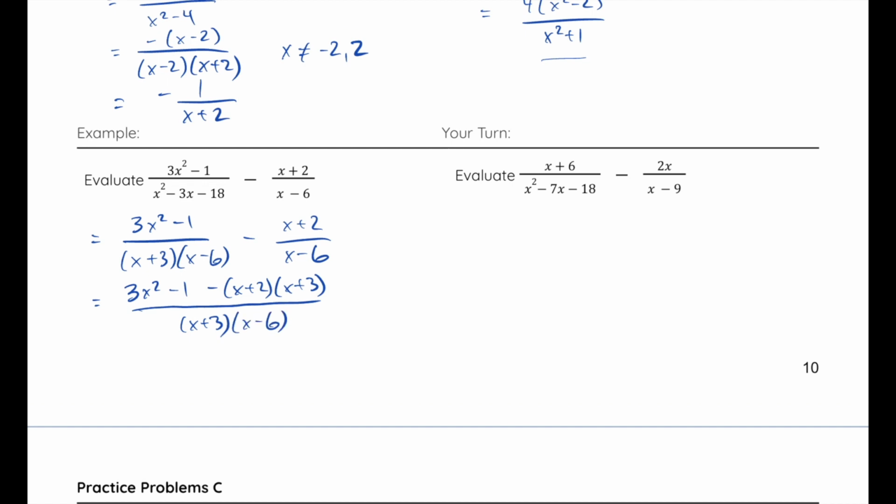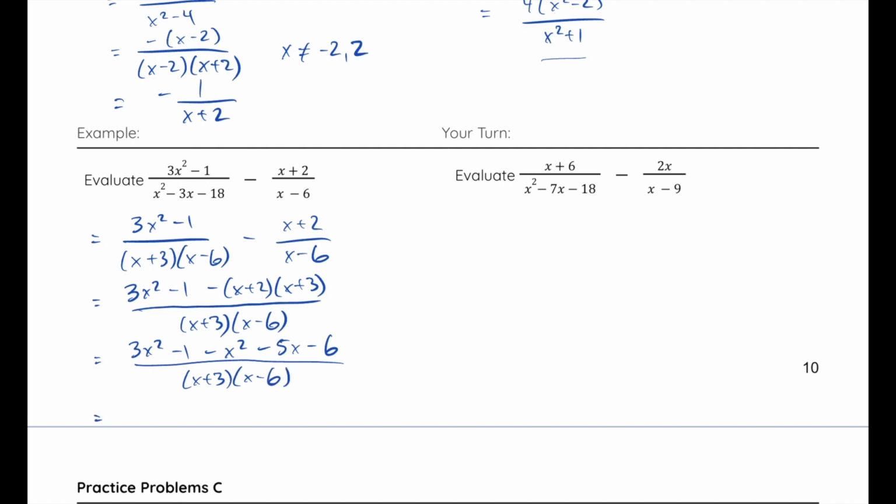And then I could expand those brackets there, and I would end up with 3x squared minus 1 minus x squared minus 5x minus 6 all over x plus 3 times x minus 6.